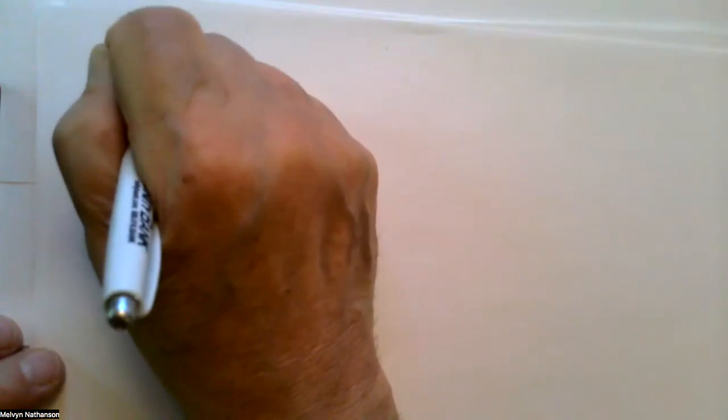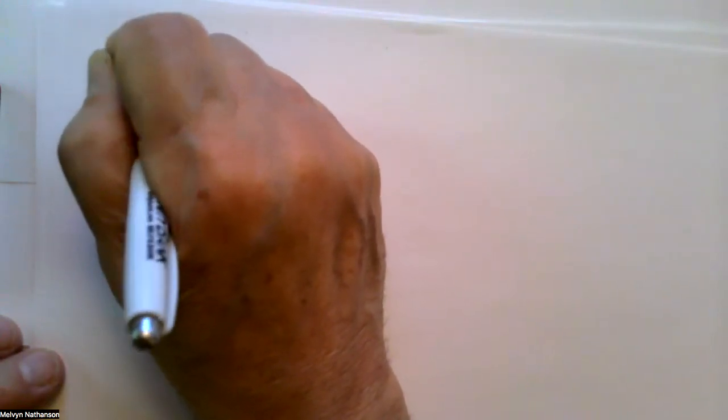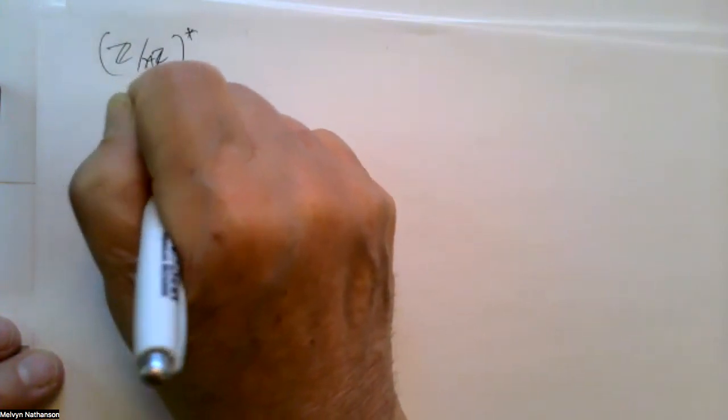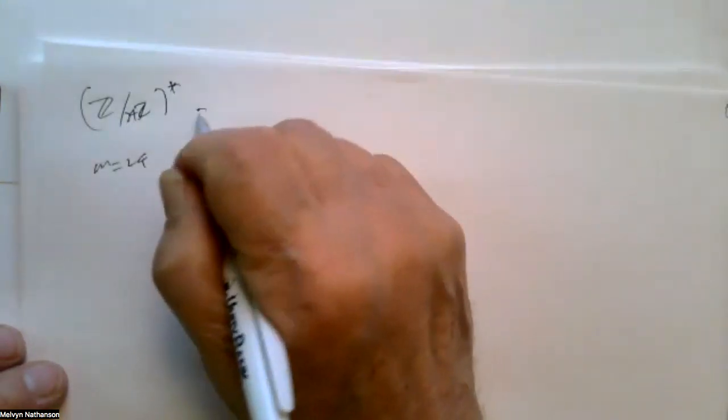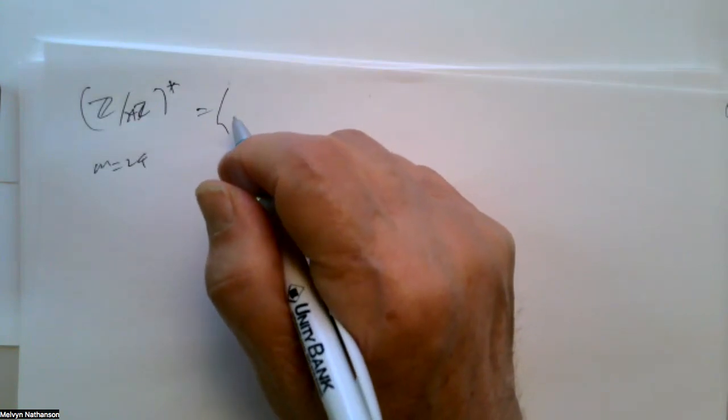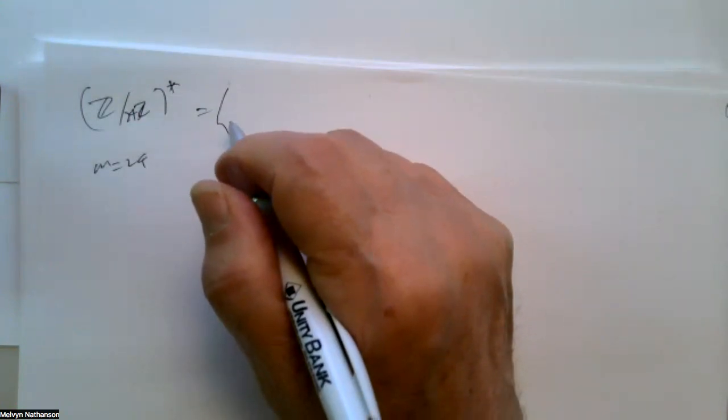What about Z mod 24Z? What is the group of units? Well, it's the set of all a that are relatively prime to 24.